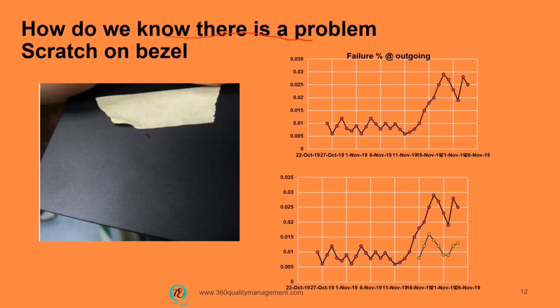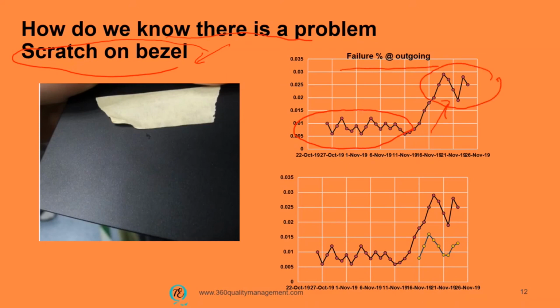So this is an example of a scratch in the bezel. A scratch in the bezel actually happens quite commonly in a production line when there's some kind of handling. So the reject rate may be very small. It was found that in the outgoing, suddenly the reject rate gets high.